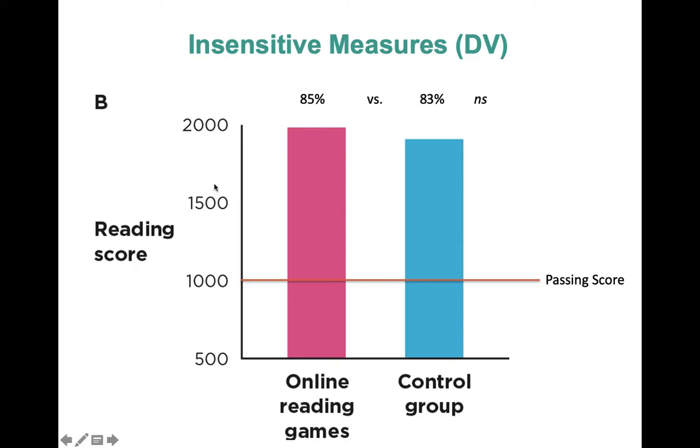But operationalizing it in a different, more sensitive way, we could see a difference between an improvement of 10 points. So that would be one thing. So it's better to have a very detailed or quantitative dependent variable that would be sensitive to small changes.